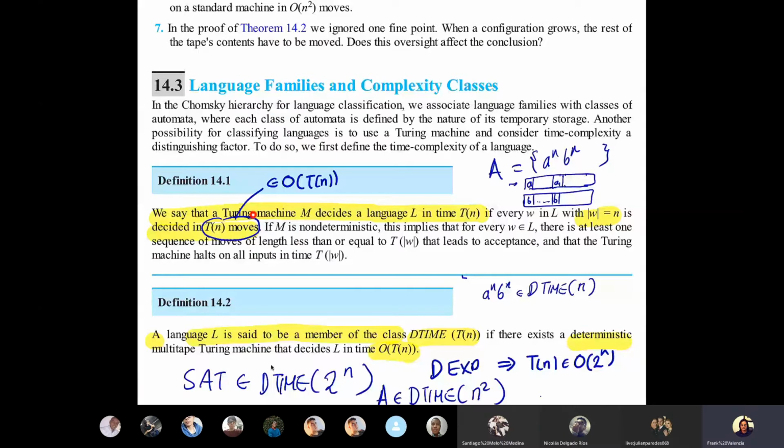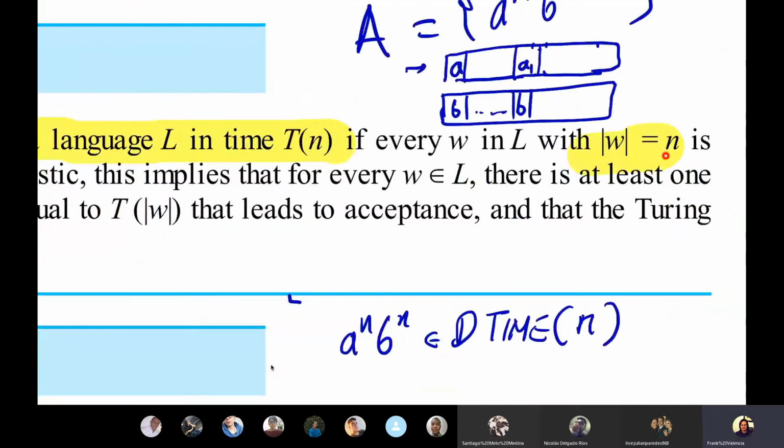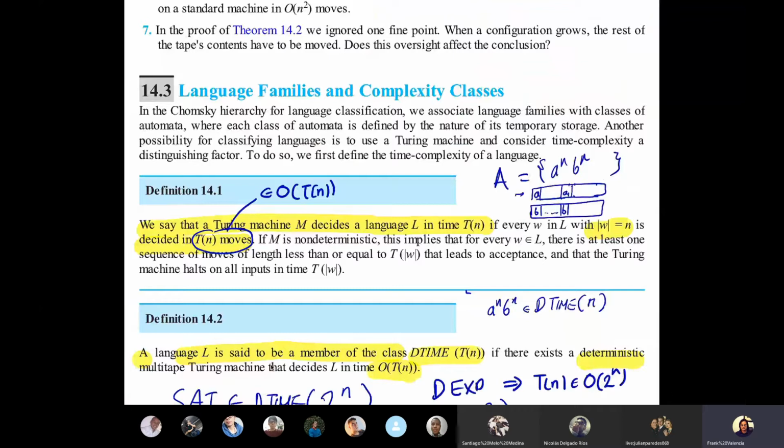So we say that a Turing machine M decides a language L in time T of n if for every word in the language, if the size of this word is n, that word can be decided in at most T of n moves.